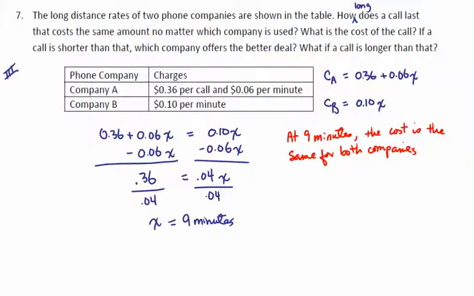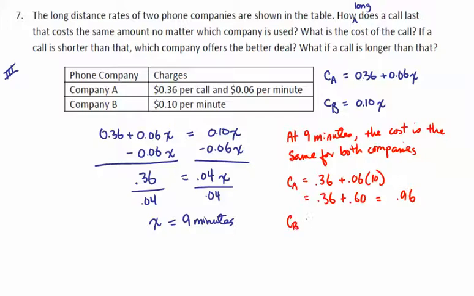So at 10 minutes for company A, we would get 0.36 plus 0.06 times 10, and we multiply that out. 0.06 times 10 gives us 0.6, for a total of 96 cents for a 10-minute call.